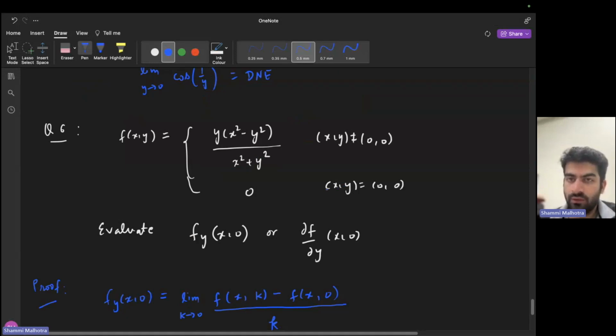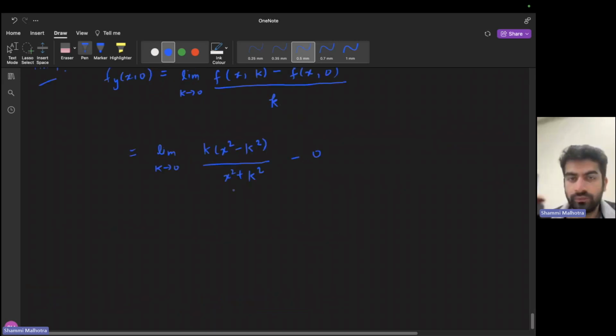When x is non-zero, f(x, 0) is 0 times (x square minus 0) divided by x square plus 0. The denominator is non-zero, so this is just 0. So in any case f(x, 0) is 0, and this will be minus 0, whole divided by k.